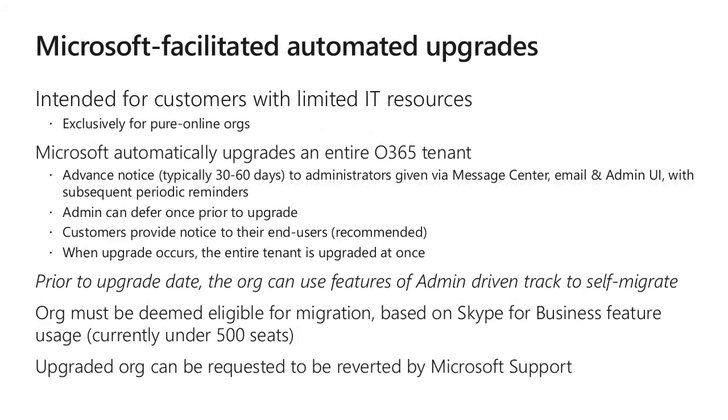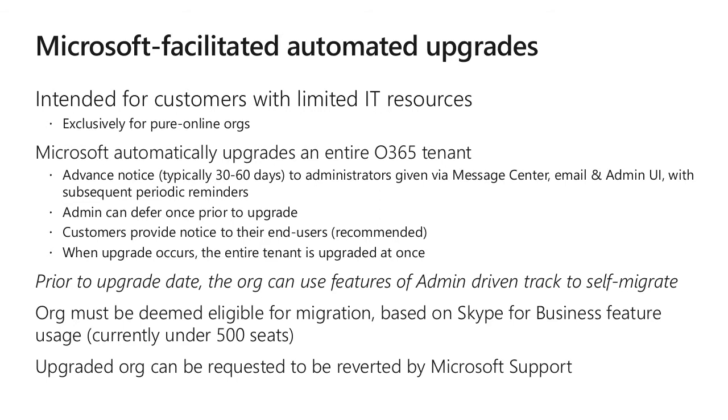The Microsoft-facilitated automated upgrade is intended for customers that have limited or no IT resources. This is exclusively for pure online organizations. So if you have an on-premises or a hybrid deployment, this is not a service that's available and not an option for you. The intent here is, in these select cases, Microsoft can automatically upgrade the entire Office 365 tenant.